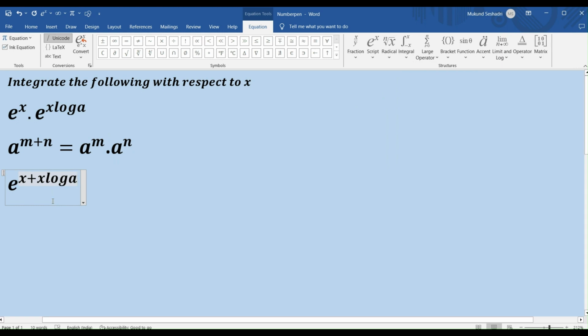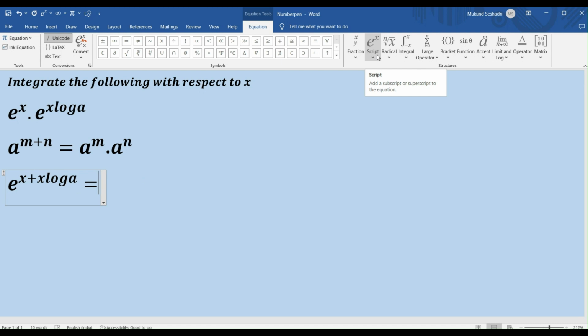And at the same time, I also notice that I have x as a common factor in the expression sitting in the power component of this entire function, right?